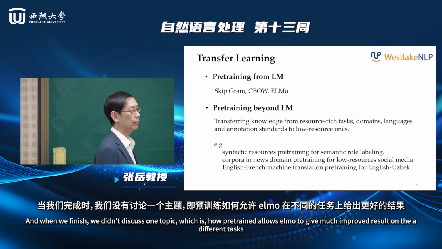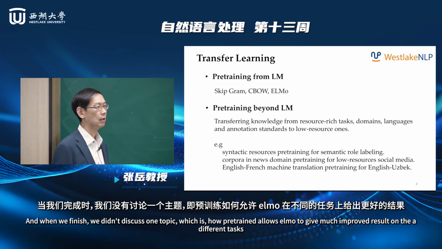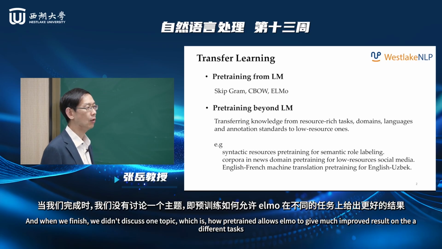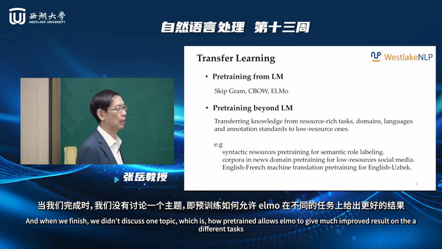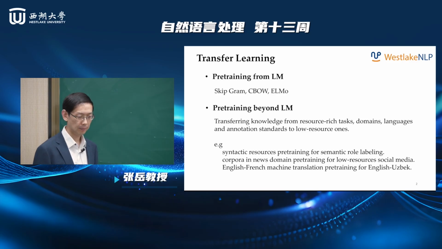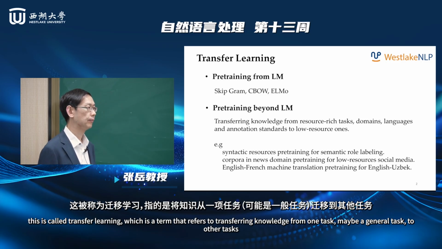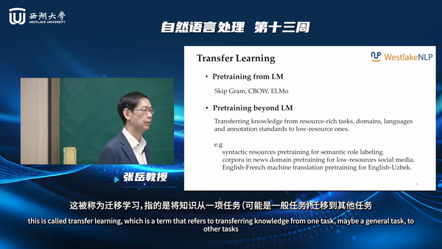And when we finished, we didn't discuss one topic, which is how pre-training allows ELMo to give much improved results on different tasks. This is called transfer learning, a term that refers to transferring knowledge from one task, maybe a general task, to other tasks.